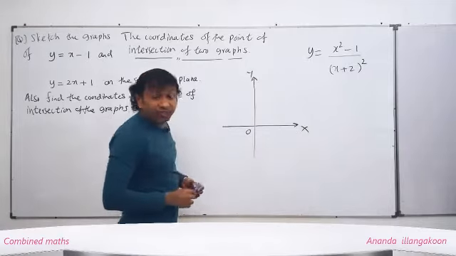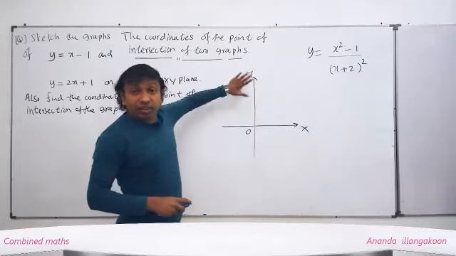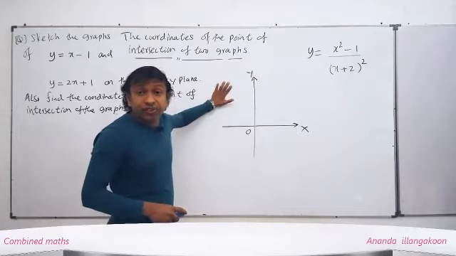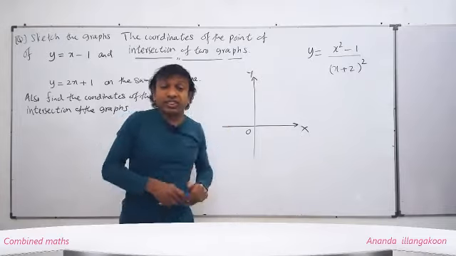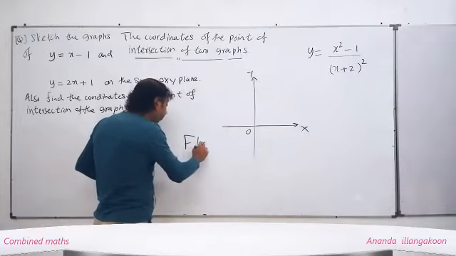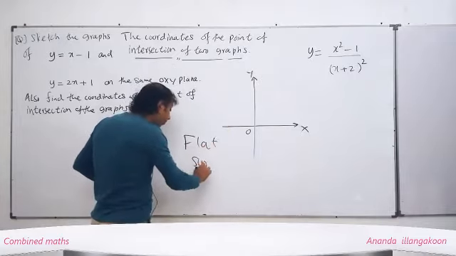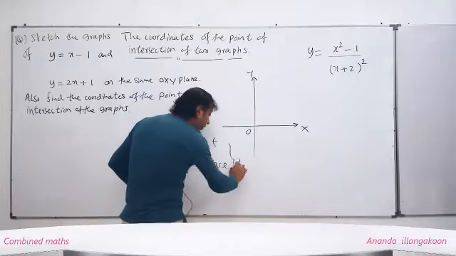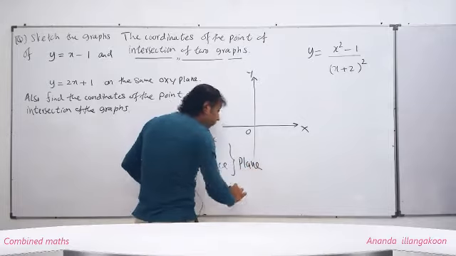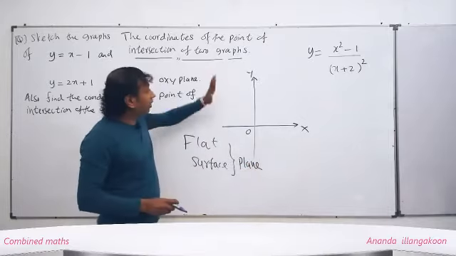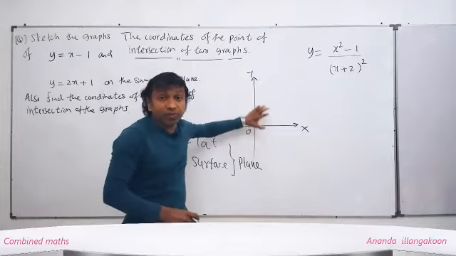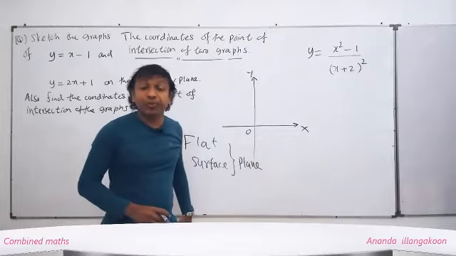Now this x-axis and y-axis are lying on the surface of this board. This is a flat surface. This flat surface only, we call a plane. On this plane only, the xy 2 axes are drawn.